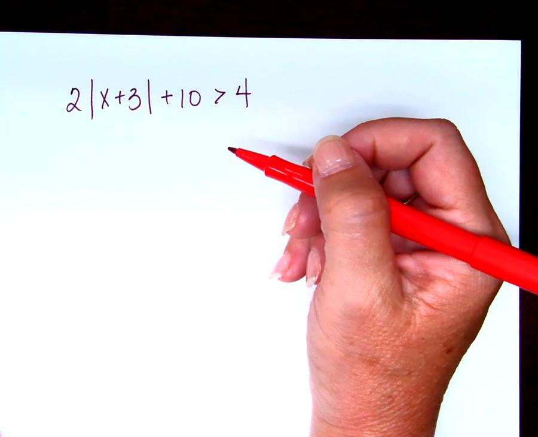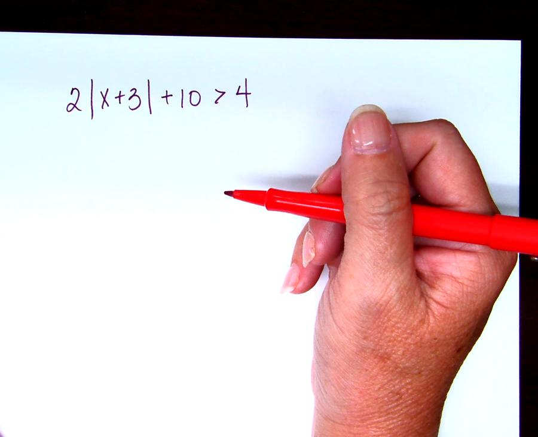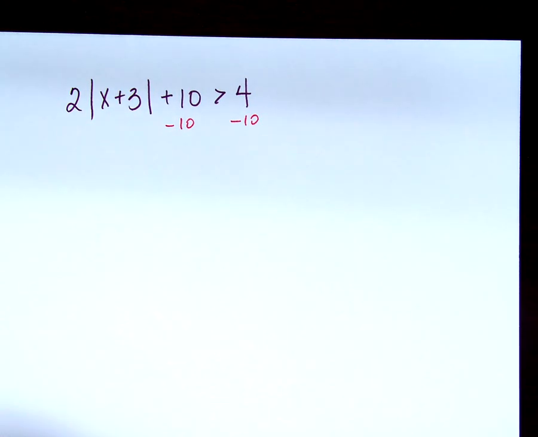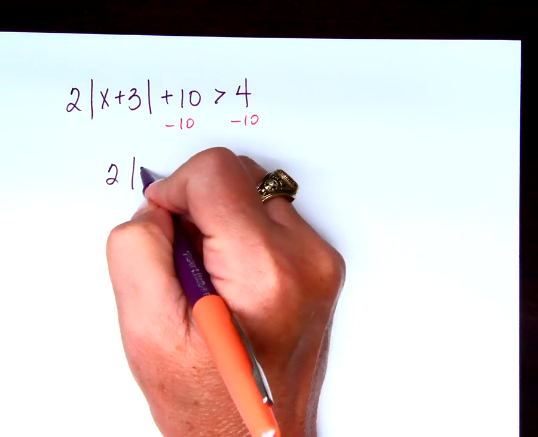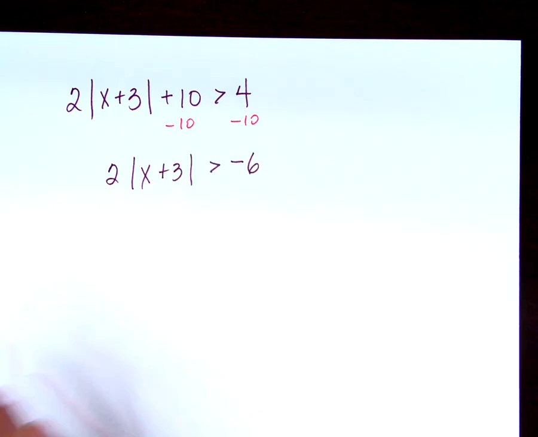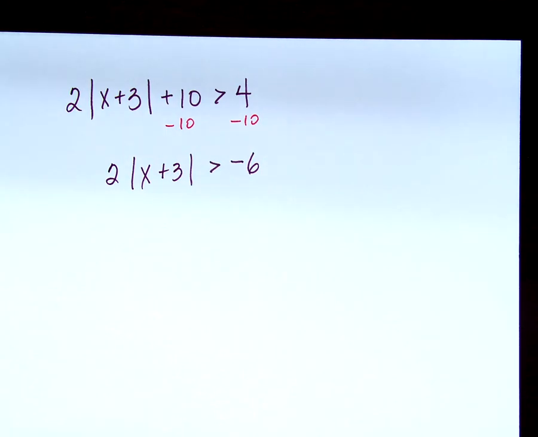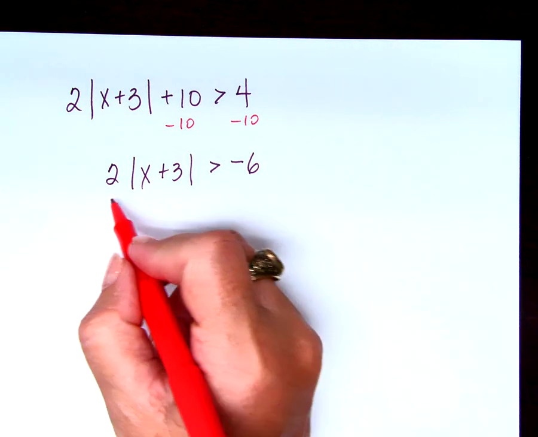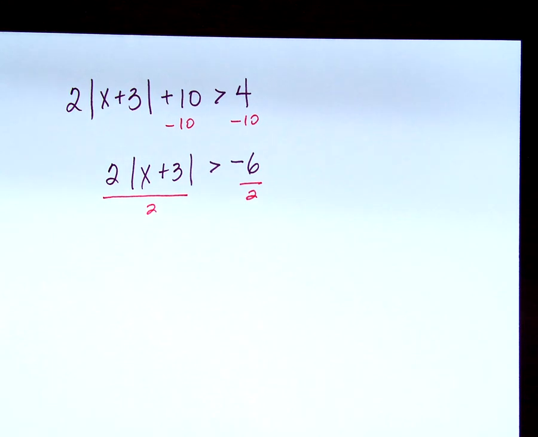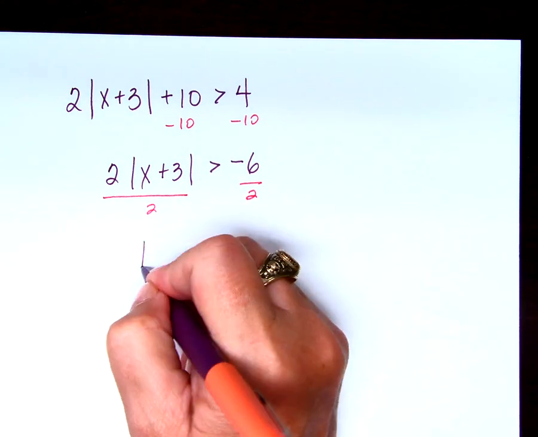What do you want to do first? Subtract 10. I'm okay with that. 2 times the absolute value of x plus 3 is greater than -6. And now? Divide by 2, right? Because the 2 is multiplying by the absolute value, so I have to divide it.